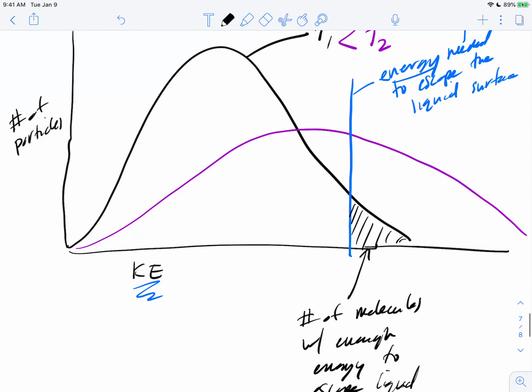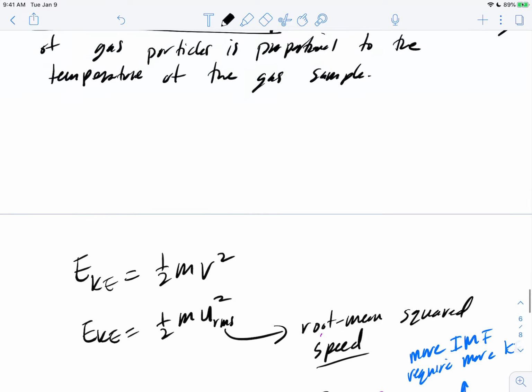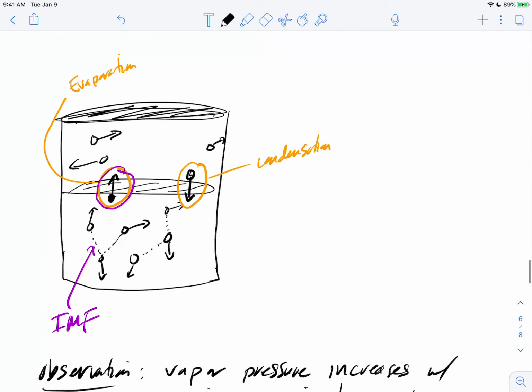First you see this is maybe 10% or something less than that. It's very small. Let's say 10%. In order to evaporate, one, you have to be on the surface of the liquid. And two, once you're at the surface, you need to have enough energy. So if you look at all the molecules on the surface, on average, only about 10% are going to have the required energy. So it's just a numbers game.